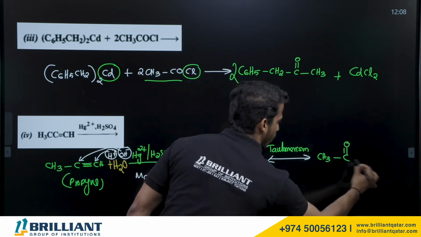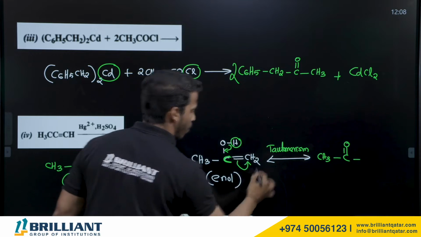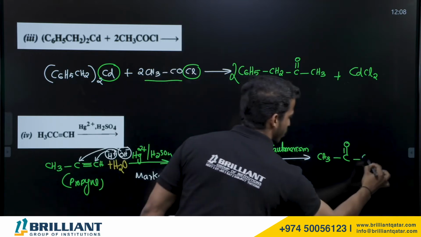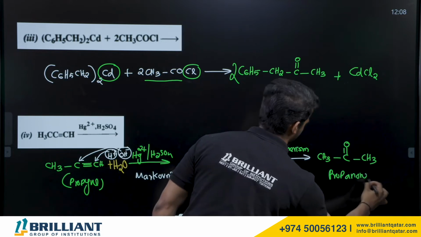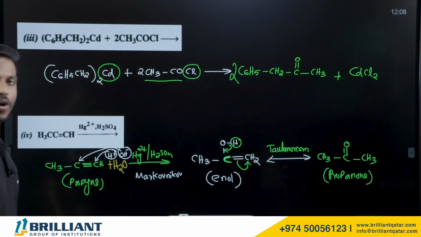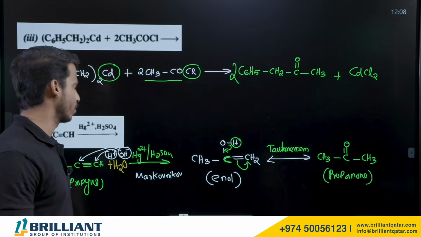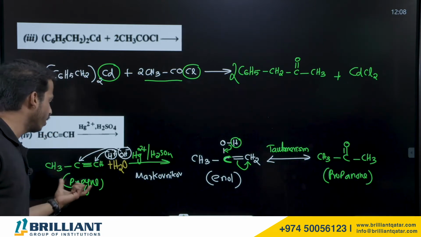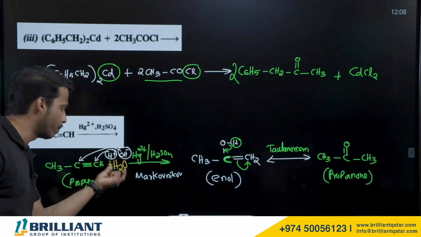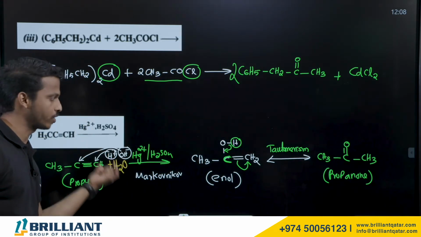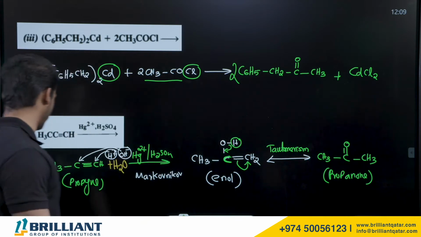The double bond becomes a single bond to the CH2, and the hydrogen reaches it, giving CH3. What is the compound here, all of you? Propanone or acetone is the product. Very careful: an alkyne with mercury, if they give it, they won't specify the water in the question. Please consider water as the adding species. First follow Markovnikov's rule, then tautomerism.